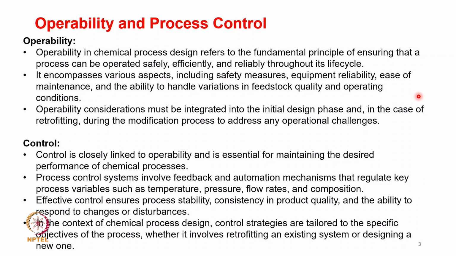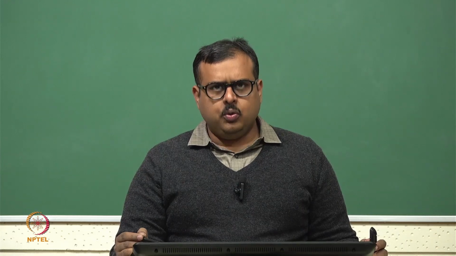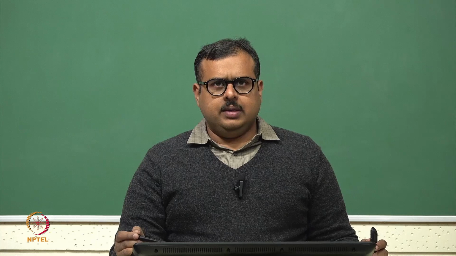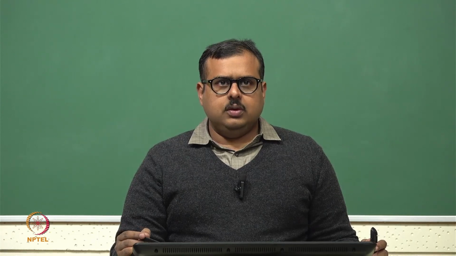So we will start where we stopped, on operability. Operability in process design refers to the fundamental principle of ensuring that a process can be operated freely, efficiently and reliably. This encompasses various aspects that include reliability, safety measures, how to maintain equipment, and how to handle variability in the feedstocks and so on.